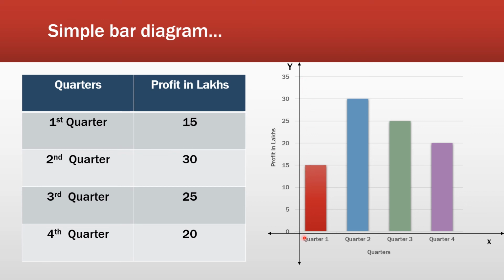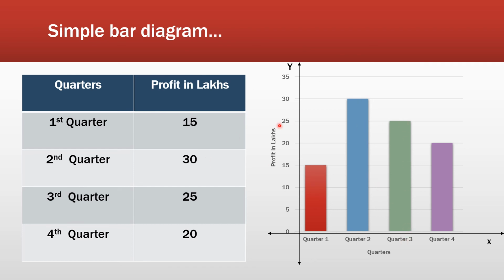You can say 1 centimeter equals to 5 units. You can mention it here at the top right corner, and then you can plot your various frequencies or the values of various quarters, the profits in various quarters. So here we have quarter 1, the profit is 15 lakhs as shown in the table. Quarter 2, the profit is 30 lakhs, which is shown in the table.